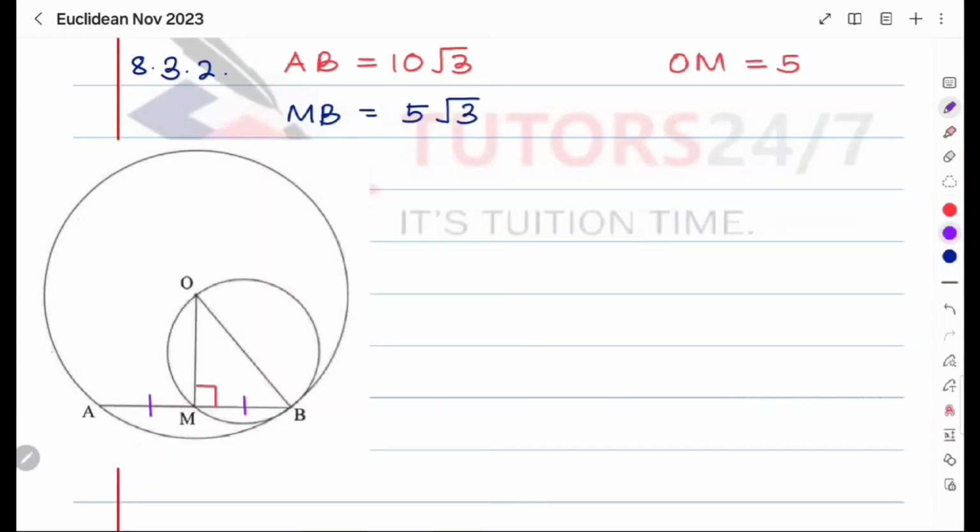If you didn't want to convert it, you could have just put the square root of 300 and divided by 2 into your calculator. Now, the reason for this is the line drawn from the center is perpendicular to the chord.